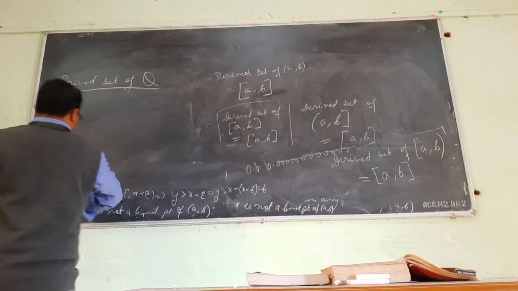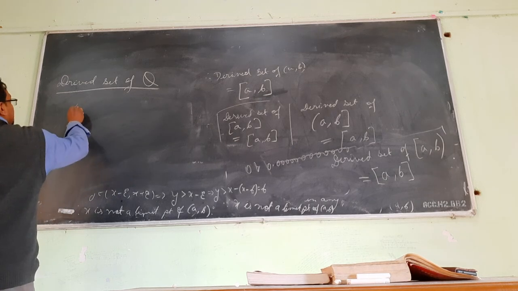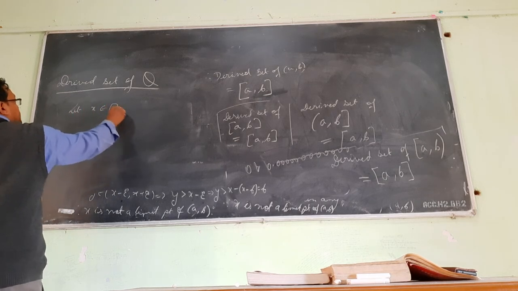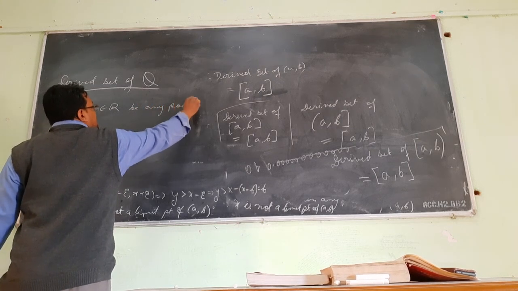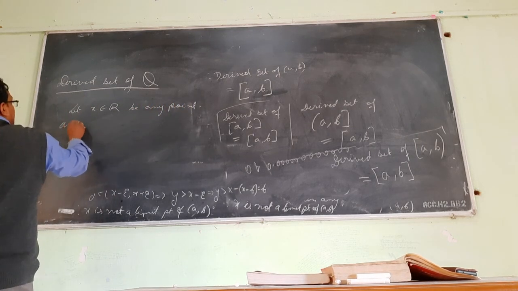So how to justify this? Let x belong to R be any point, and let epsilon be greater than 0.